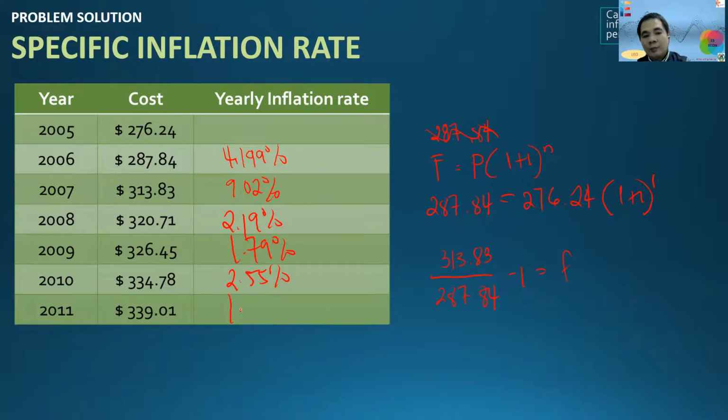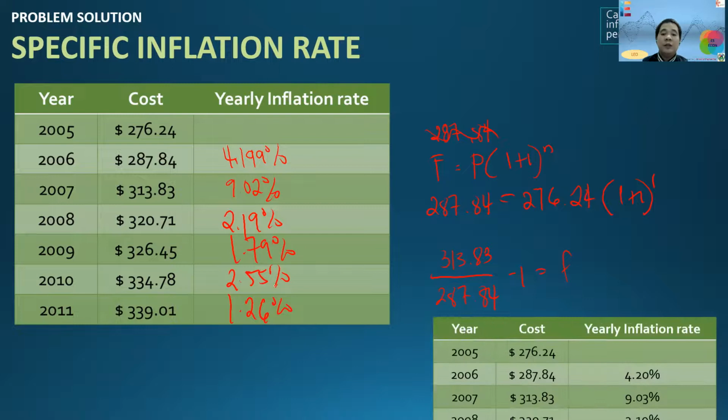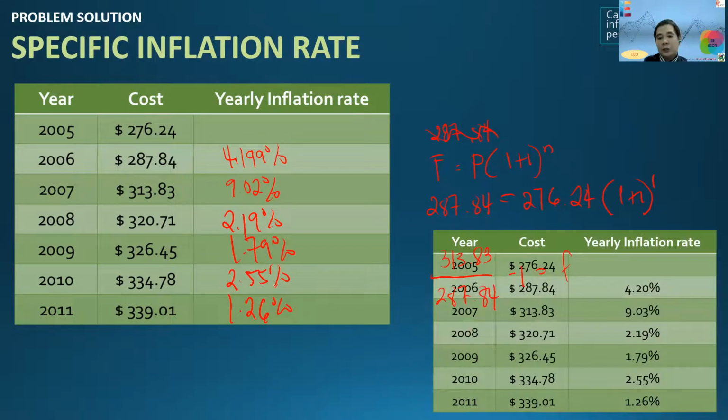This is 1.26%. So that is what we call our specific inflation rates: 9.03, 2.19, 1.79, 2.55, and 1.26.